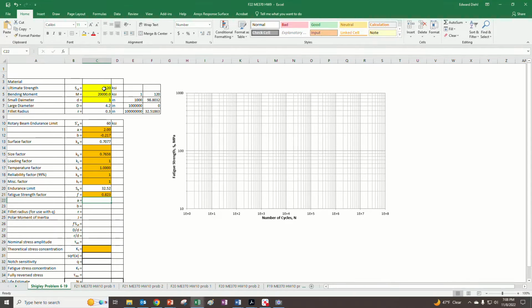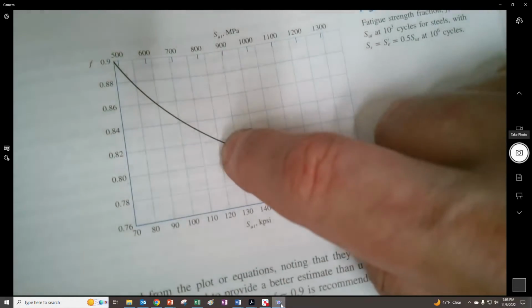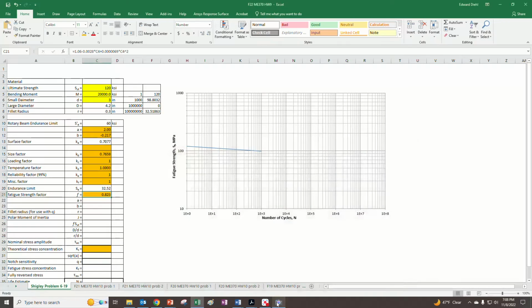And I should get pretty close to right there, 0.82. I think 0.82 was what we had on the graph. Remember, for 120, 0.82. So I guess they decided that their curve fit was close enough, I suppose.